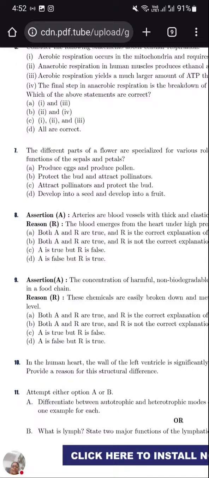The petals are the colorful part which attracts agents of pollination. Producing egg and producing pollen is wrong, as those are the female and male reproductive organs of the flower. Protect the bud and attract pollinators is the correct option, option number B.